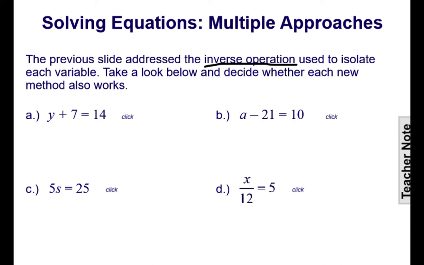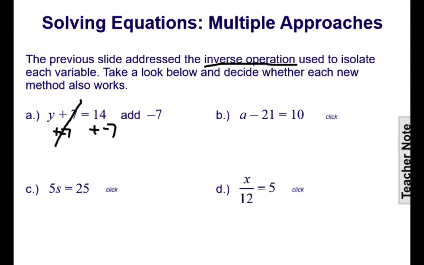So before we had a plus 7 equals 14, we had subtracting 7, but let's think about, what about adding negative 7? Would that have the same results? If I add negative 7, 7 plus negative 7 is 0 and cancels out. So that would work. So I can add negative 7 to both sides to isolate the variable.